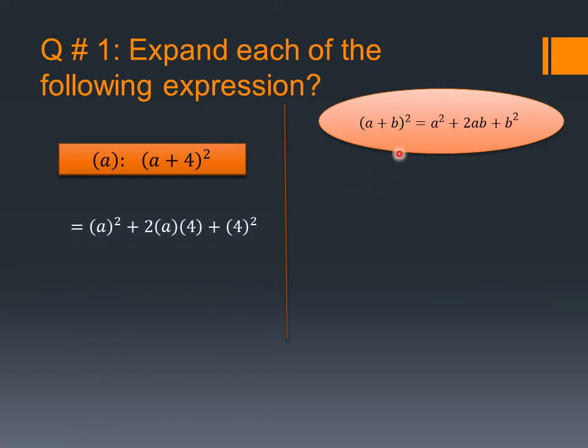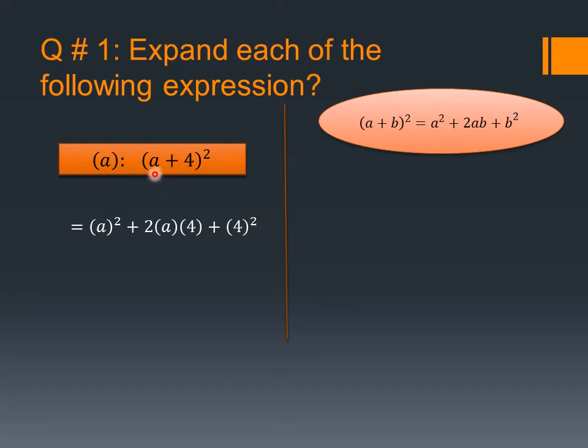Right side of the formula we have to change, and left side of the formula is given to you. So to the right side we have a square, which means a will remain the same, a square plus 2ab, plus 2a, and instead of writing b I will write 4, plus b square, so plus 4 whole square.